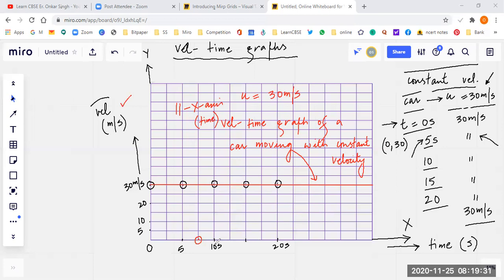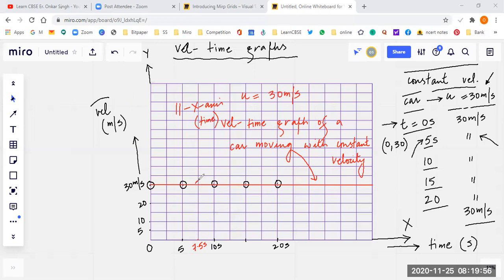So suppose, can I tell what is the time corresponding to this point? This is 5, then 10, so it will be 7.5 seconds. What will be the velocity corresponding to this point? Simply go up and touch the straight line.